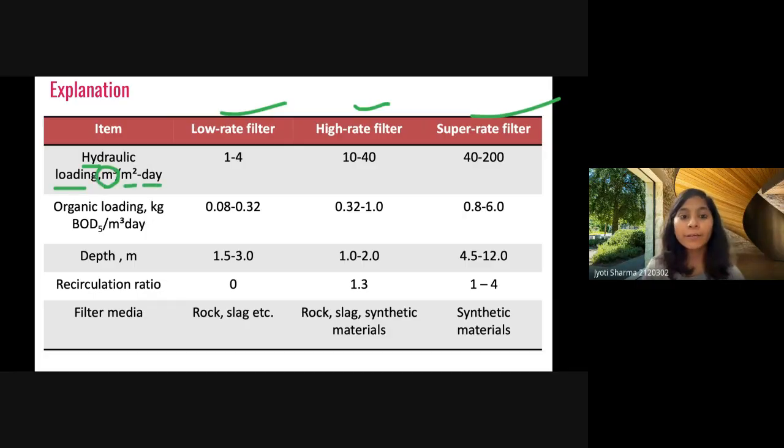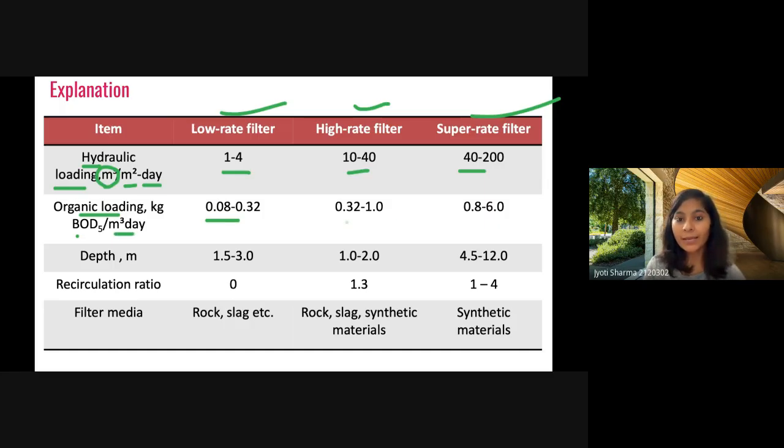For the low rate filter it is 1 to 4, for high it is 10 to 40, for super it is 40 to 200 meter cube of water per meter square area per day. If we are talking about the organic loading in that particular volume of wastewater, how much BOD we can have? So in low rate we can have BOD 0.08 to 0.32 kg BOD per meter cube per day.